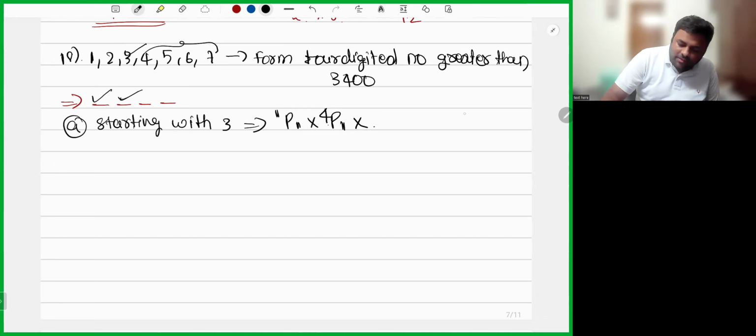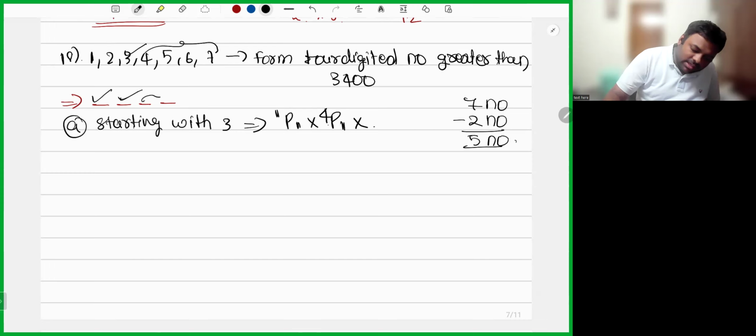From total 7 numbers, 2 have taken their position, so 5 numbers are left. 5 numbers can be arranged here in 5P2 ways. So 4 into 20, 80. This is starting with 3.